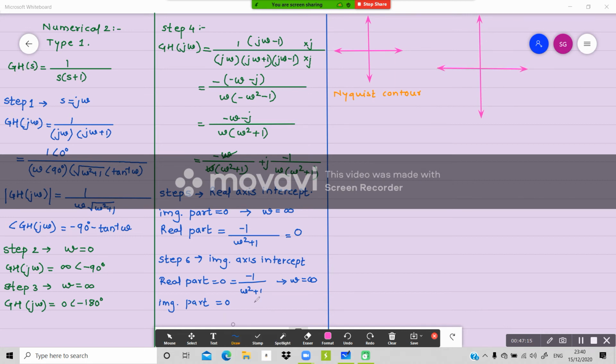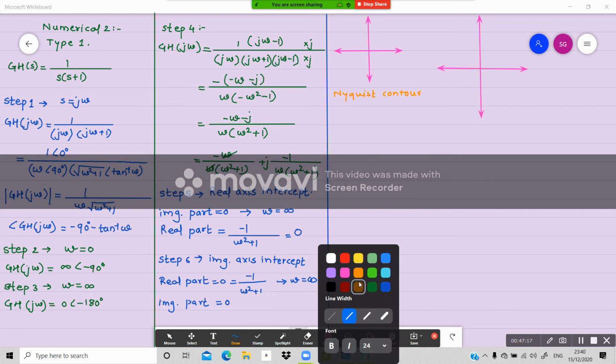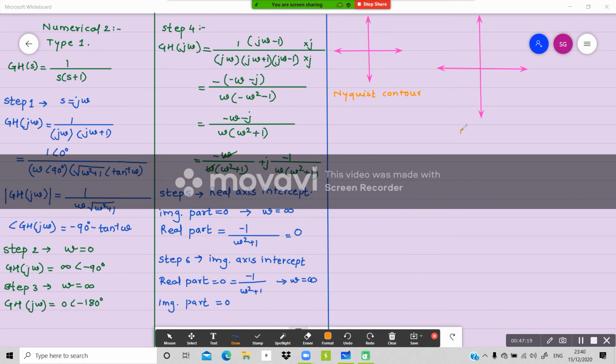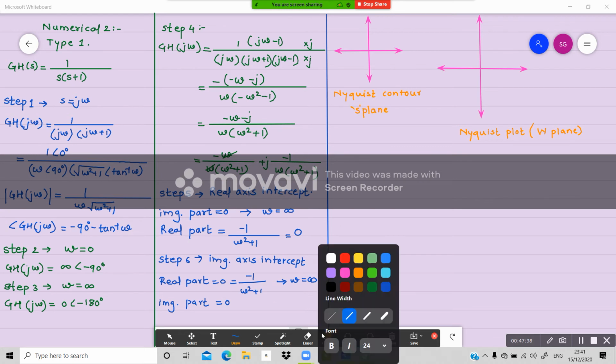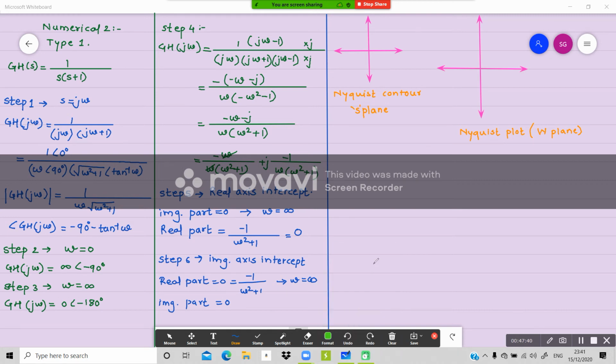Yes, so this is your Nyquist plot. That means this is W plane and this one is S plane. So we'll go simultaneously, so will be easy for us to understand what is happening, right?